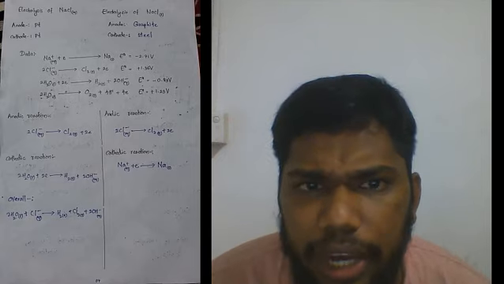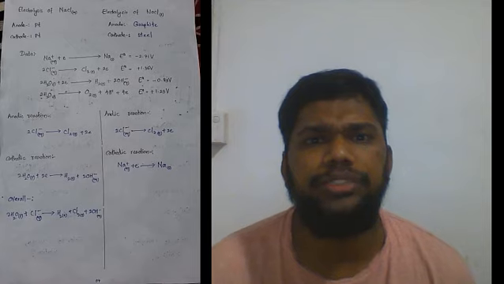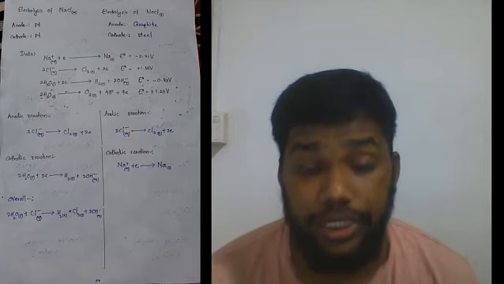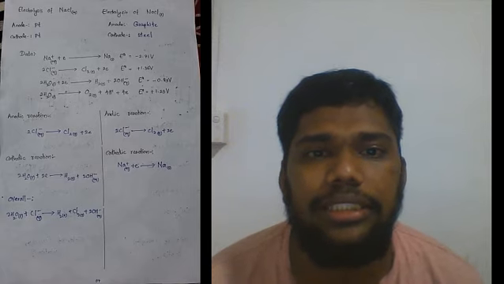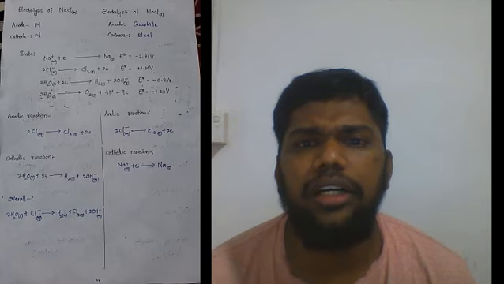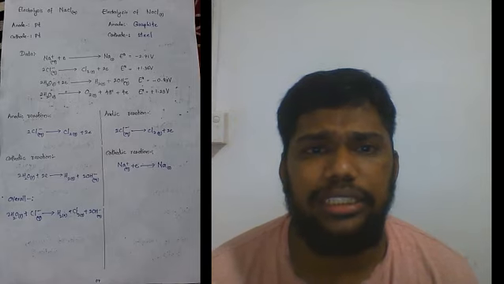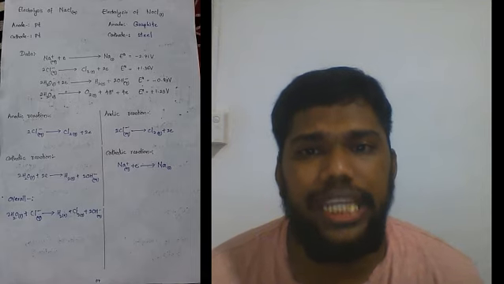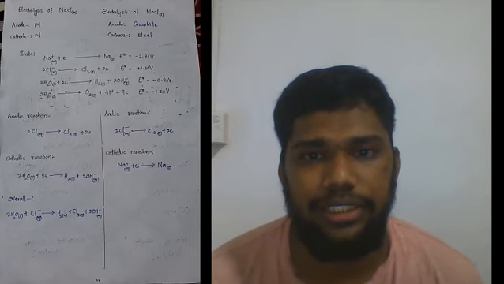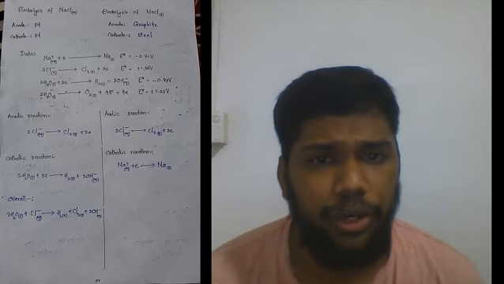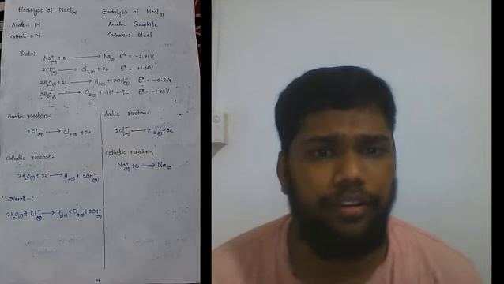According to that, when you take the two species which can oxidize, Cl minus and OH minus, you can see the reduction potential of water is a little more towards the negative side. That means 1.23 is less than 1.36. So the oxidation of OH minus to O2 should be favored.